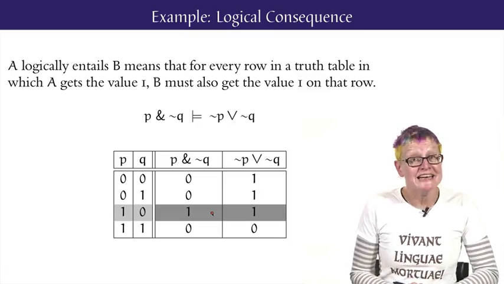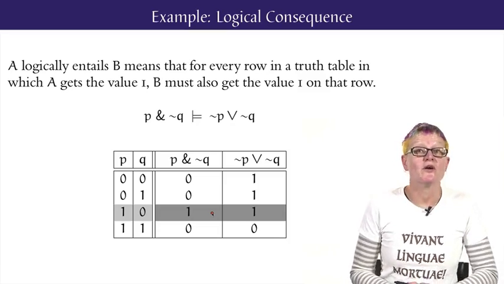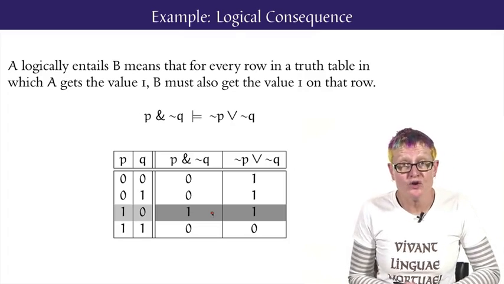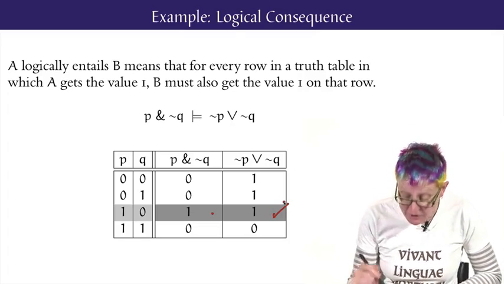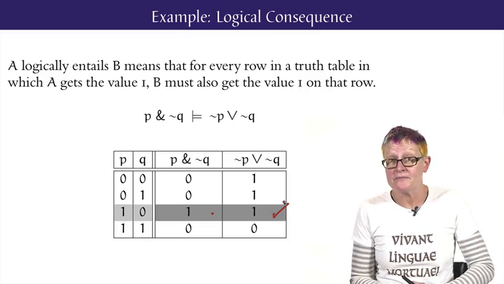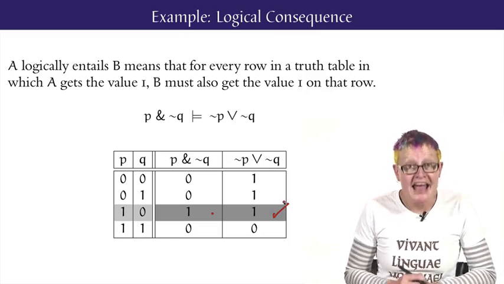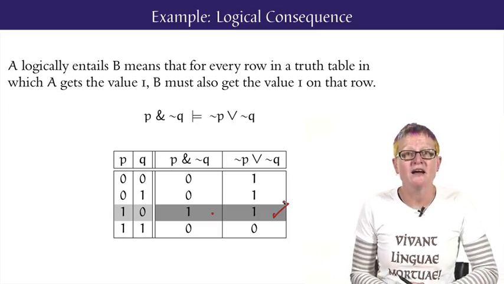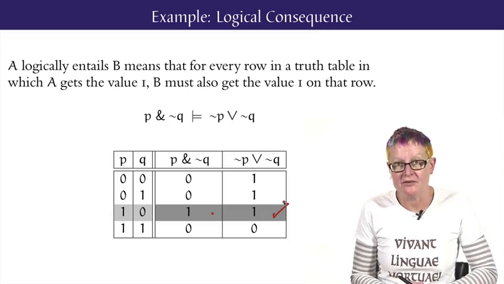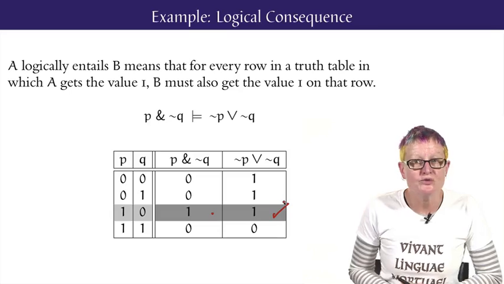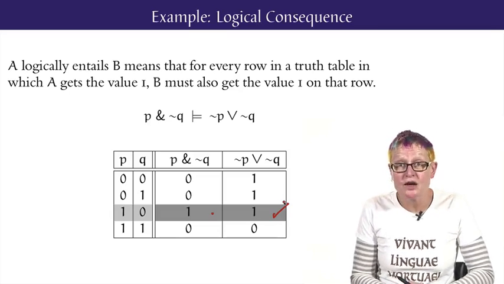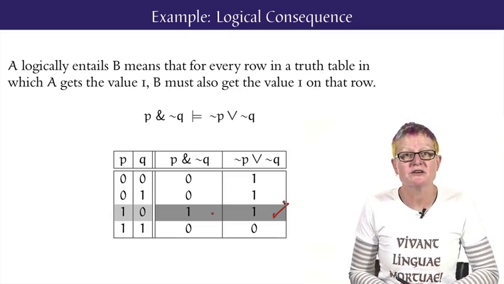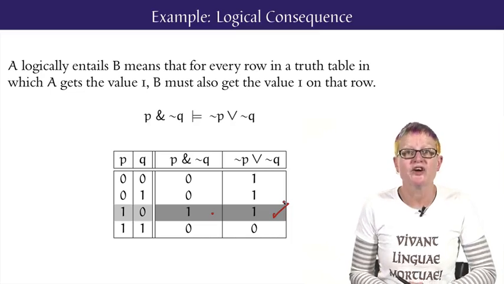So we only need to check this row to see that the second formula, not P or not Q, is indeed true on that row. That is all that has to be checked to confirm that yes, indeed, the first formula logically entails the second. In the other 3 rows where the first formula is false, we don't have to check anything because there is no requirement for falsity transfer, just truth transfer.